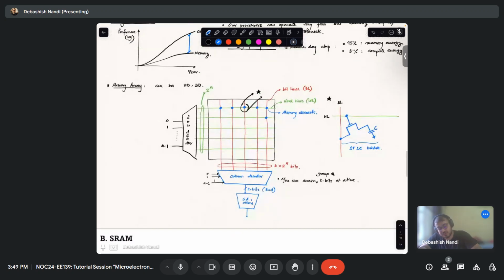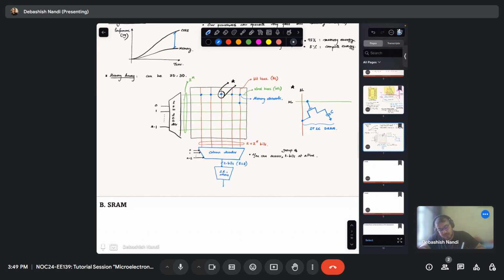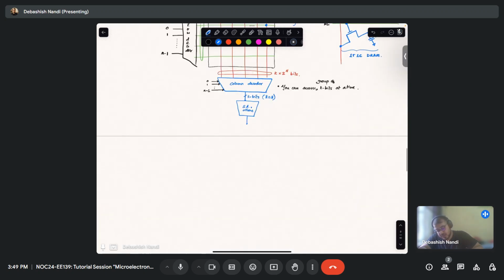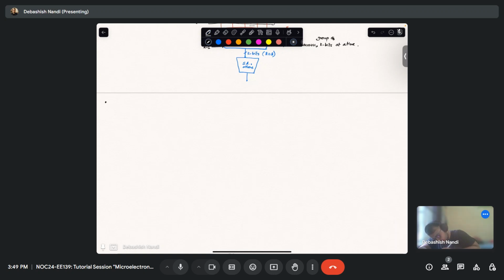To note another point, the sizing of memory elements depends on the layout of the memory, and it is done as a function of F square.